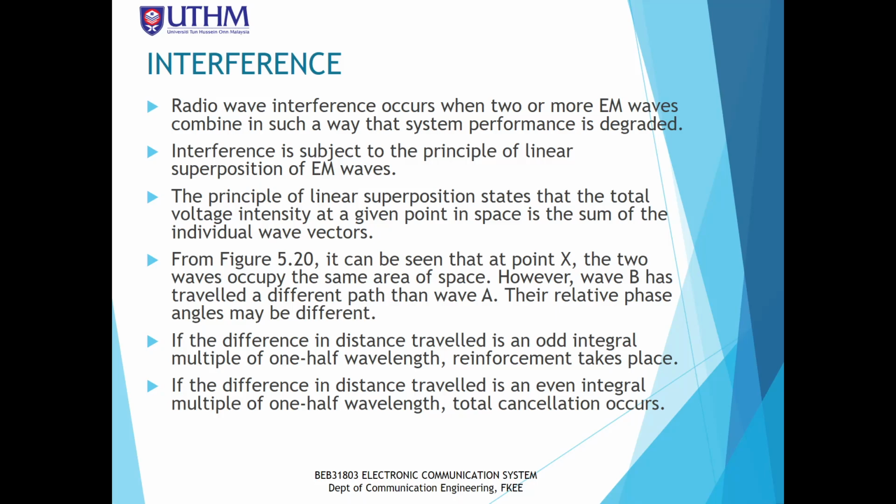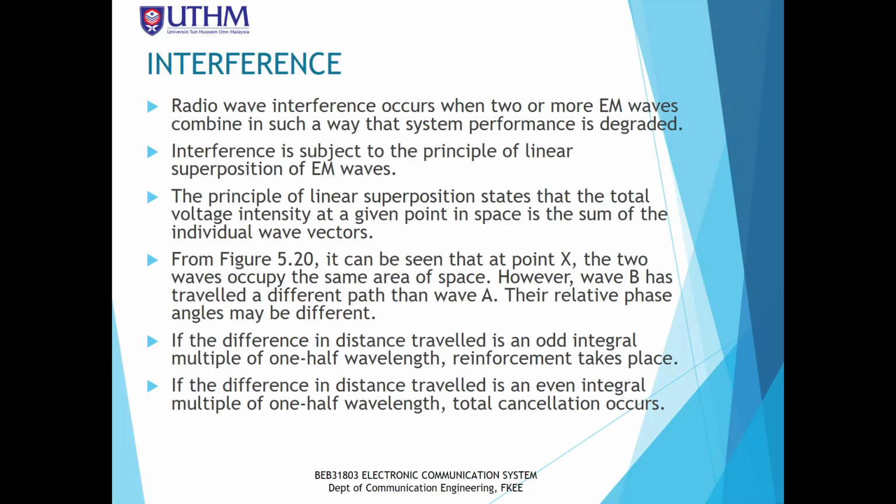So for example, if you transmit at 100 megahertz, and I also transmit a signal at 100 megahertz, what happens is that your signal and my signal will mix together. So at the receiver side, the receiver will be unable to differentiate. Is this my signal or your signal? So with this interference, the receiver will be unable to demodulate the original signal.